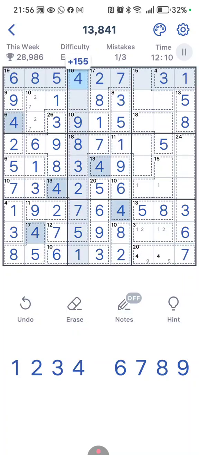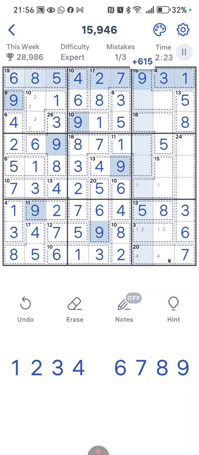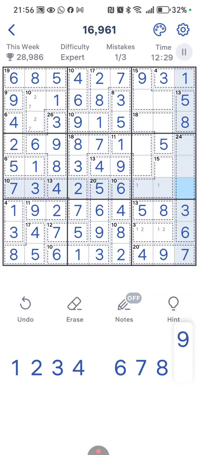So 4 and 6. Okay, so up here we've got as one solution, which is 9, which means that down the bottom's 4. 9. That's 9. Got rid of all the 9s.